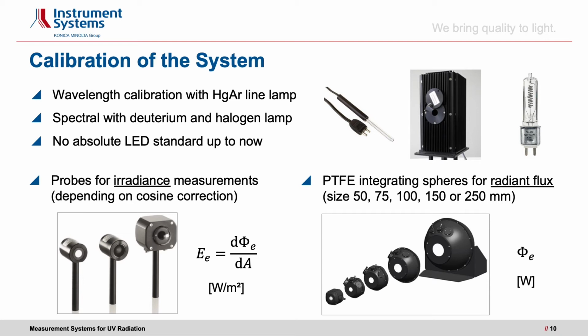The irradiance probes shown on the left side for the irradiance measurements are already calibrated absolutely using the spectral calibration at a certain distance from the lamp. But for the integrating spheres, for radiant flux, there was no absolute LED standard available up to now.